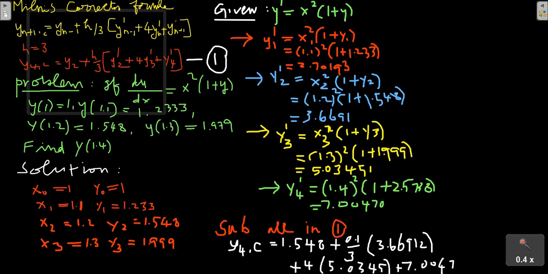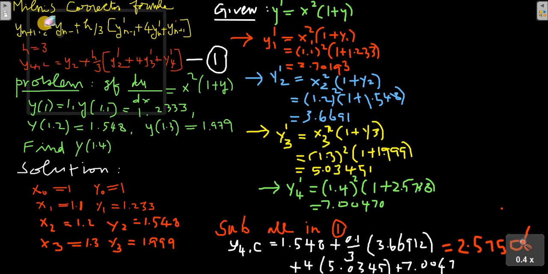Okay, so if you multiply this and simplify, the final answer you will be getting is this one, 2.57506. So this is the value, 2.57506, when x value is 1.4. When x value is 1.4, y value is 2.57506. Okay, so this is how we can solve using the Milne corrector formula.